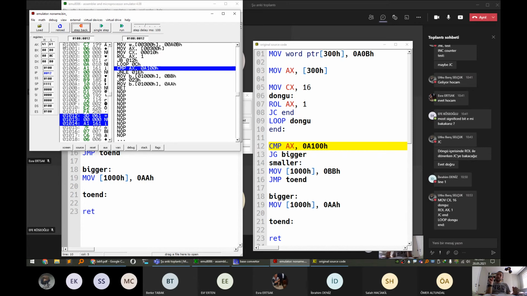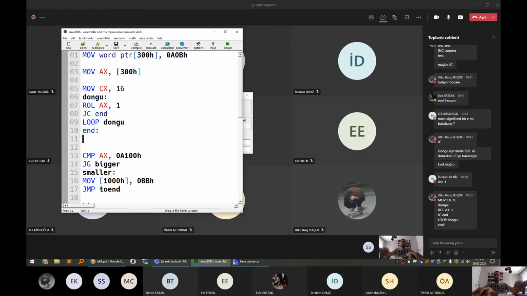We rotate 1. How can I say? We keep looking at the carry flag, but the sign bit is within our register. If we rotate and check, we need to rotate it back because the value needs to be there.